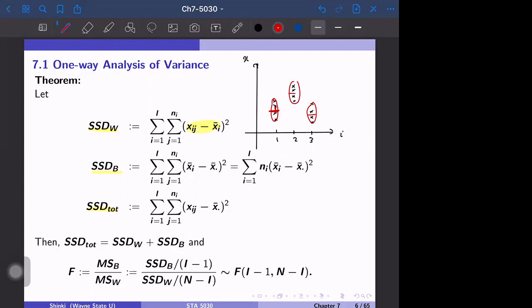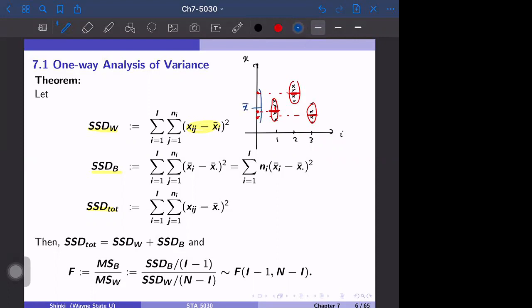And the sum of squared deviation between groups is basically the variability among these 3 levels. We have this point, this point, and this point. So this is the variability between these 3 groups, and that is defined relative to the overall average, which is probably around here, x bar.